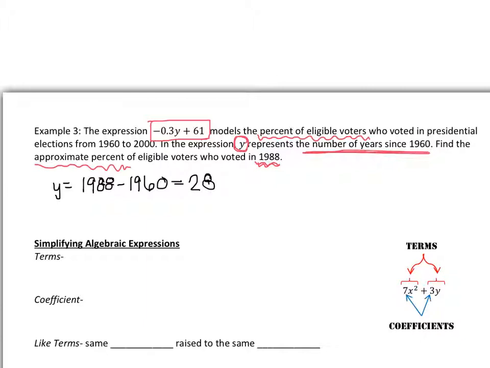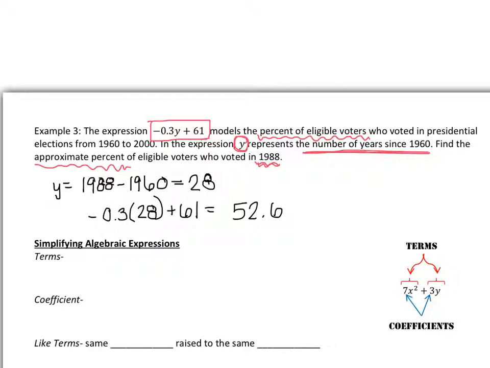Now we just do what we've been doing in our examples. We just plug it in. So negative 0.3 times our y, which is 28, plus 61, handy dandy calculator. What's it going to end up being? 52.6, and then what is that?